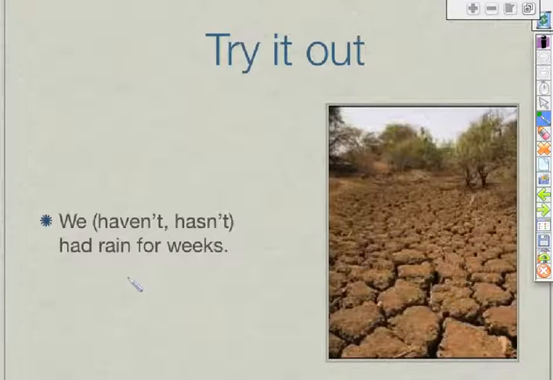We haven't or hasn't had rain for weeks. So we're talking about the same tense but a different word. Okay? Well, it has to do with plural and singular. If you remember from that chart, the plural, you would use have. Okay? Whereas the singular, you would use has.